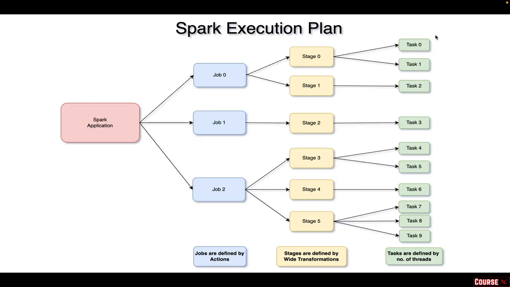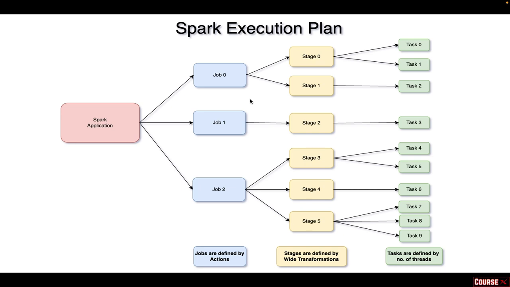Once these tasks are completed, this information or output will be communicated to the stage level, and once the stages of a particular job are completed, the stage details or the output of the stages has to be informed to the job level, and then the job execution ends. So this is a high level overview of the Spark execution plan.